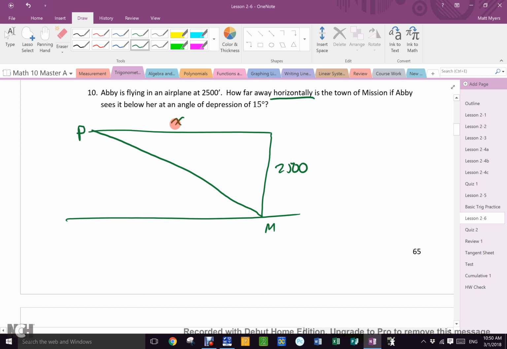And I see it at an angle of depression of 15. Where is the only angle of depression in that triangle? Is it at A or B? A, because depression goes from the flat looking downwards. So this is fitting. Now, just like our previous 1,000 trig questions, do you have a theta?